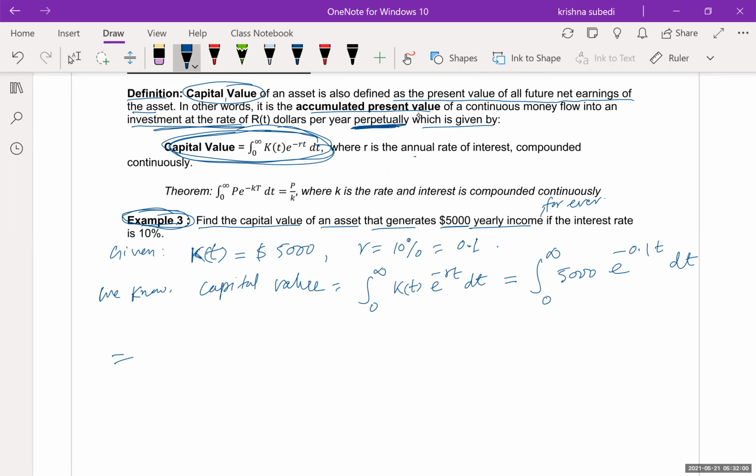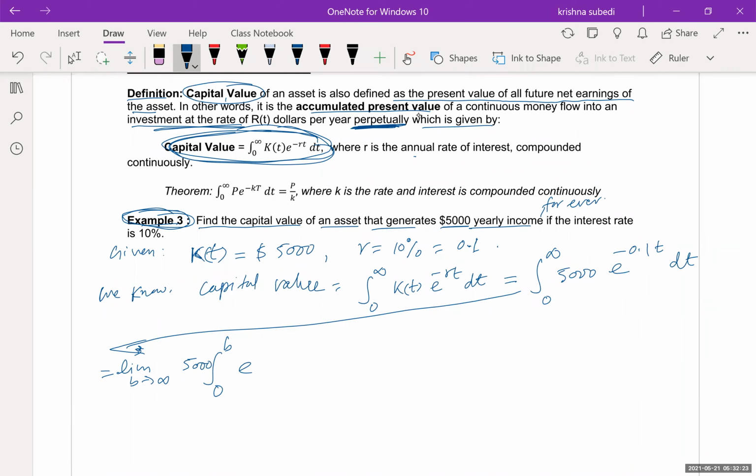So this integral becomes, from 0 to b, and let me write 5,000 outside to make life easy, with the limit as b tends to infinity.